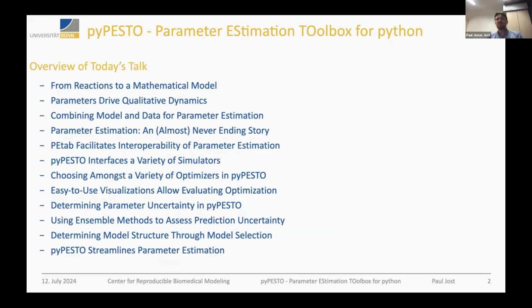Why do we call it a toolbox? Well, as it will turn out in a few slides where I also introduce parameter estimation, it is not just one step and you are done with it, but it consists of a multitude of steps, and each step has to be done multiple times. And with each step, you have the choice of a variety of tools that you want to use.